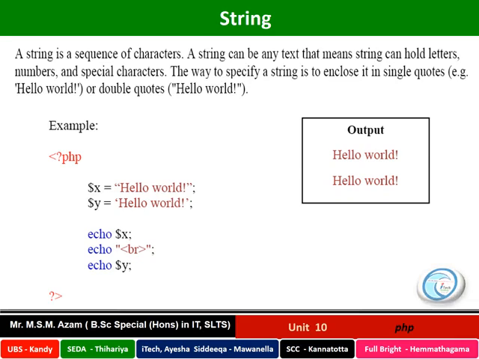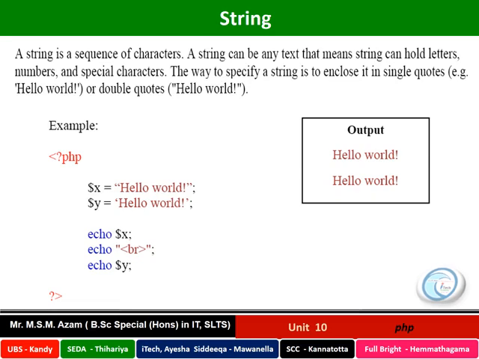The value assigned to both variables is hello world. In the first, the value is included in double quotation marks, and the value assigned to the variable y is included in single quotation marks. Both variables are taken as string type variables.